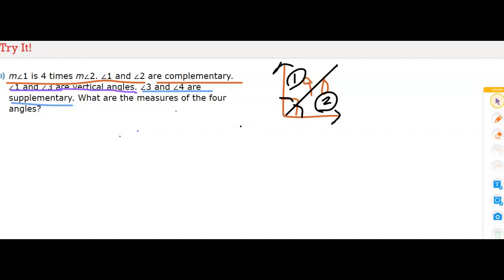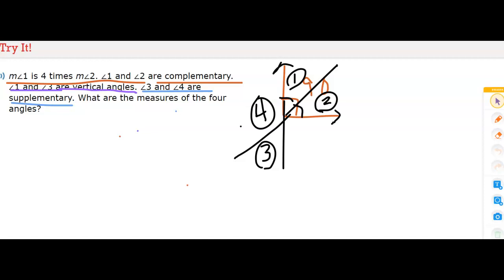So 1 and 3 are vertical angles. So this is 3. And then we have 3 and 4 are supplementary. So supplementary angles equal 180. So let's do angle 4 about here.